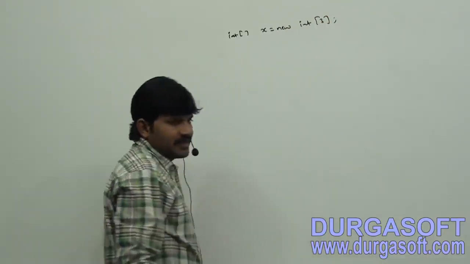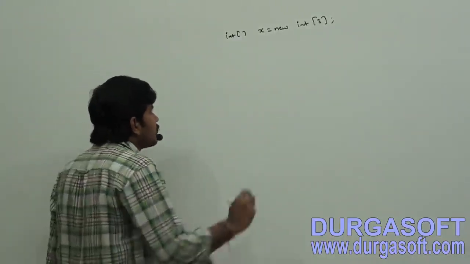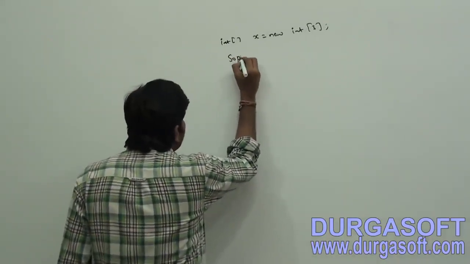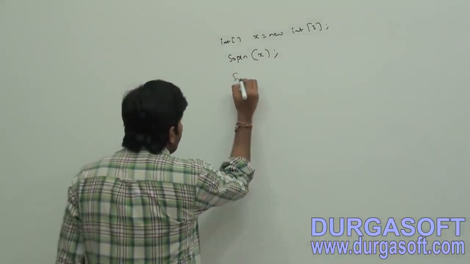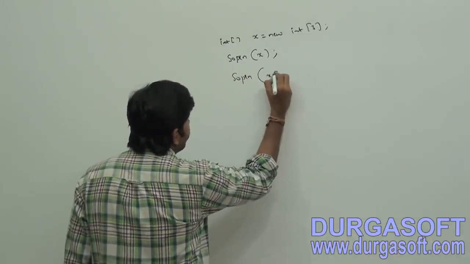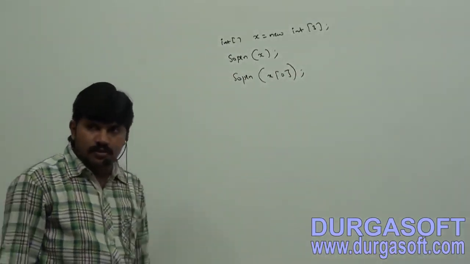Listen, this example conclusion is there. Int array x is equal to new int array of 3. System dot out dot println of x, SOP of x and SOP of x of 0.